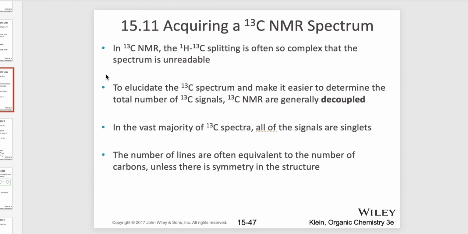Now, to figure out a carbon-13 spectrum and make it easier, contrary to proton NMR, we're actually running a decoupled spectrum, and that's why we only get singlets, and that's much easier and more powerful to put together the pieces of a puzzle. So here you are. Singlets is what you're going to see. And then most of the time, the number of lines is equivalent to the number of carbons. And again, here's your keyword you've got to look for.